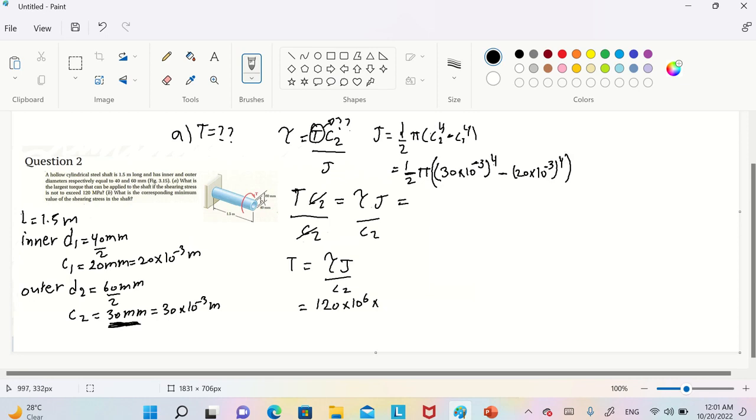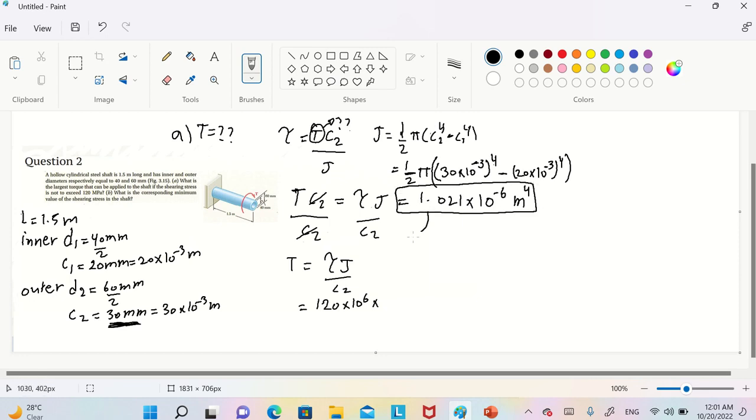When you calculate it, you will get 1.021 times 10 power minus 6, and the unit for moment of inertia is meter power 4. So you will put it in the box.